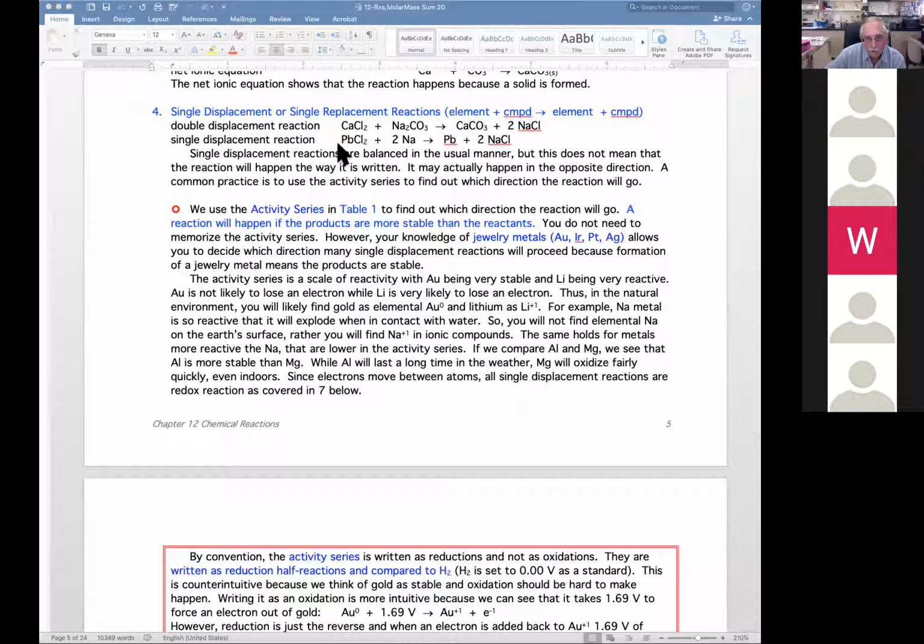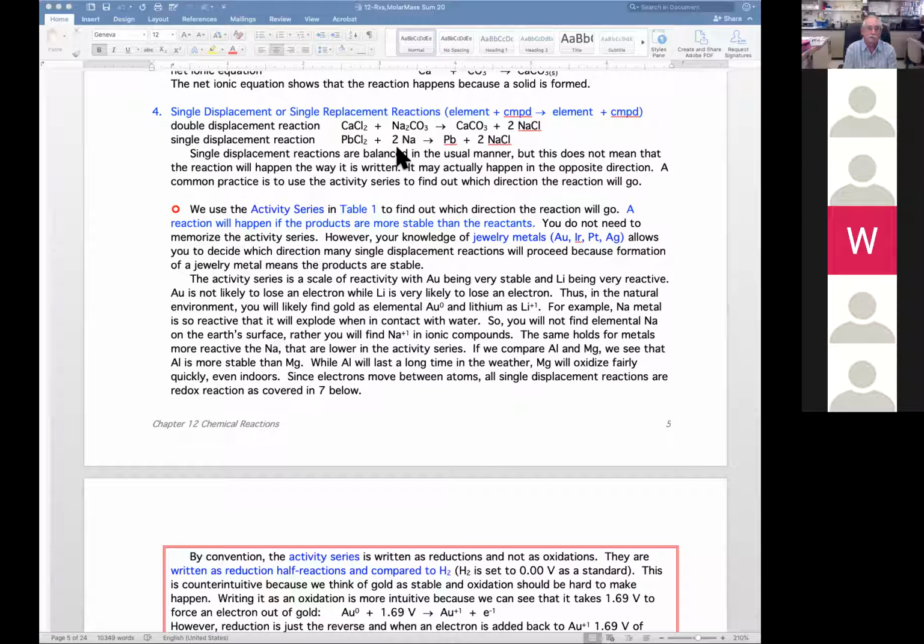And by the way, would this reaction actually happen? Now, I'm asking you to compare the reactivity of lead to sodium. What do you know about lead? Well, it's a shiny metal. You use it for fishing weights. You can buy it at the store. You can do all kinds of stuff with it.